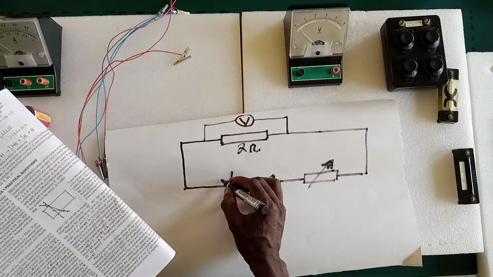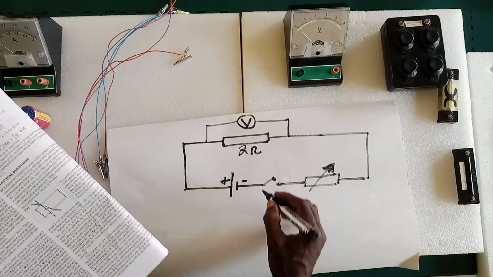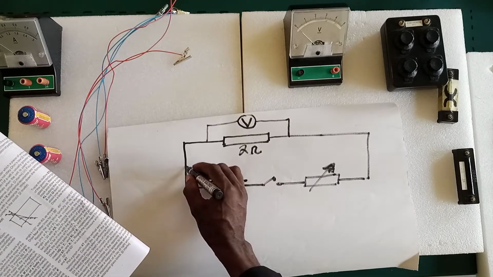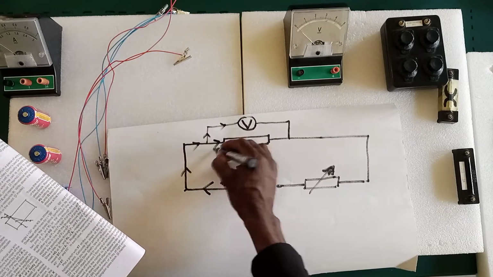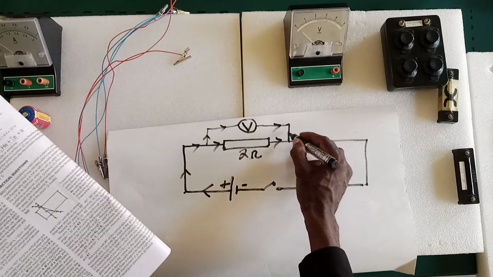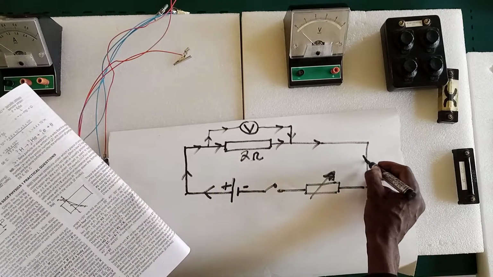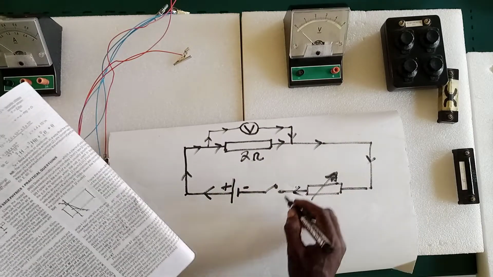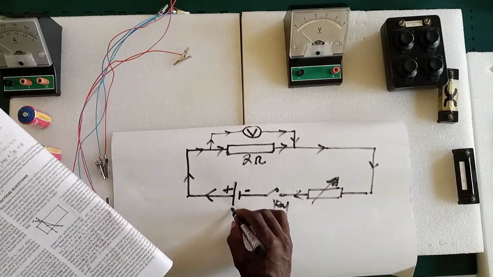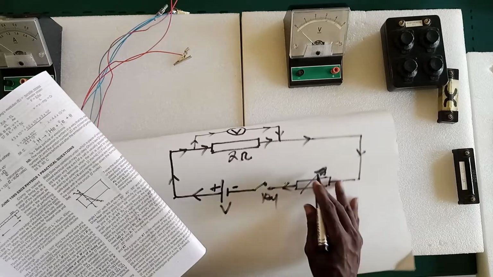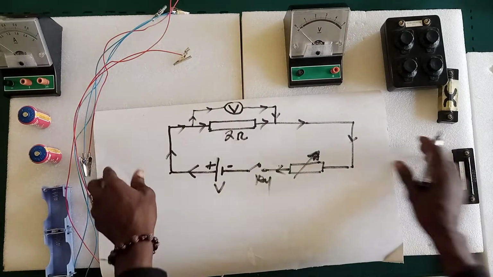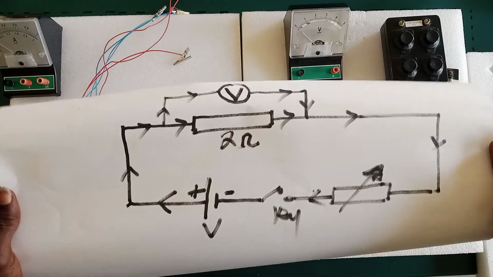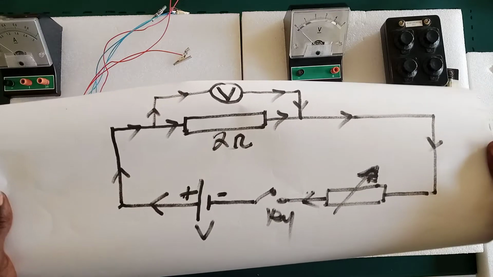The current, this is positive and this is negative, will flow in this direction, up here, and come in here. This is the direction of flow of the electric current when the key is made. So this is your V and this is your variable resistor. This is the circuit diagram. You may screenshot this quickly.